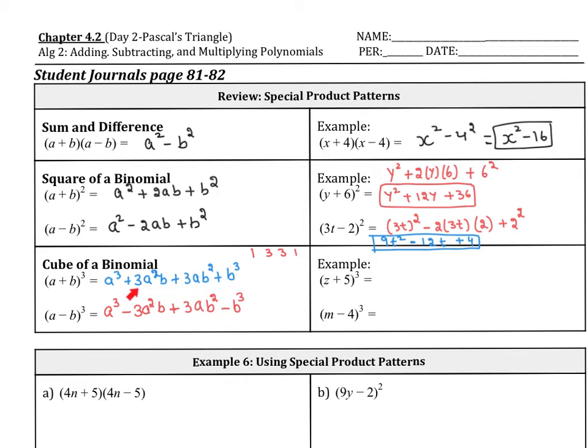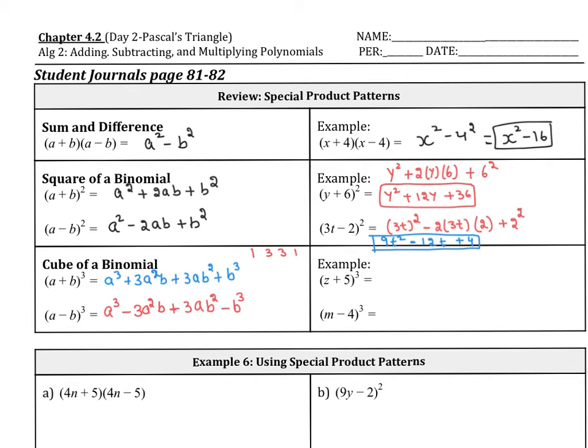Either way, you can write this formula using Pascal's Triangle and use a and b, whatever is given to you. So z is a and your b is 5, and plug it in here. I'm going to use this formula to solve this problem.